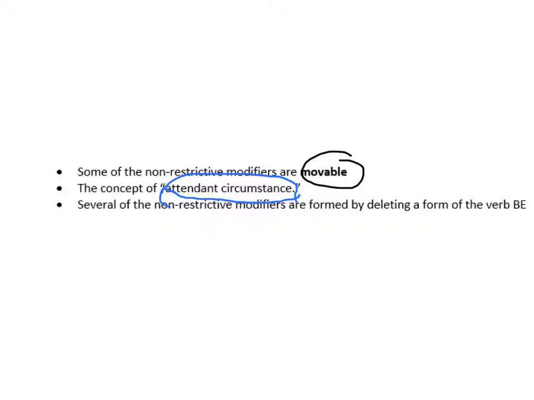And then finally, several of the non-restrictive modifiers are formed by deleting a form of the verb be. We've seen this in other chapters. And I mention it here not only because being able to recognize where the be verb or auxiliary was taken from can help us identify what kind of modifier it is, but also to reinforce that idea from earlier chapters that in English we continually form structures to be efficient, and the deletion of be is the most common way of doing this.